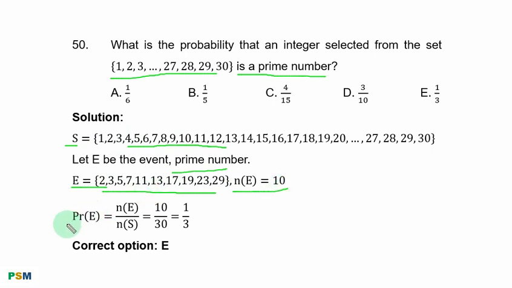Therefore, probability E prime number is equal to number of elements in set E over elements in the sample space or universal set. You have 10 over 30, which reduces to 1 over 3. The correct option is E.